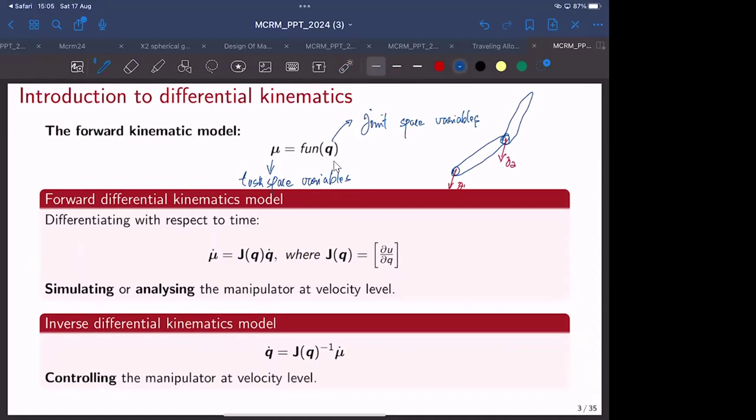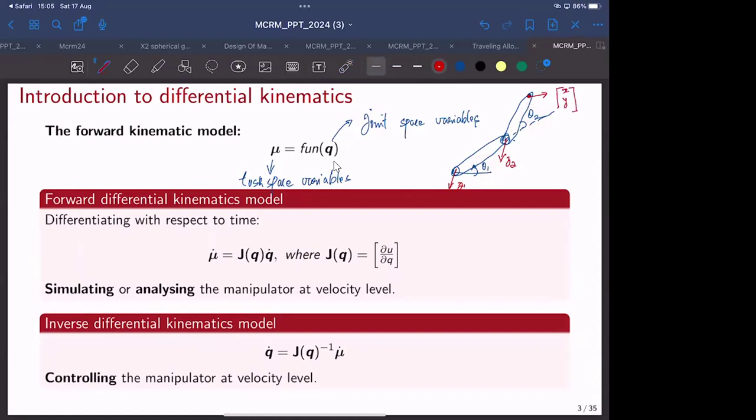The configuration of this robot would be fully defined by two joint variables, theta1 and theta2. So in this case, the joint variables would be theta1 and theta2, and the task space variables would be the Cartesian coordinates of this end effector, defined by the quantities x and y.